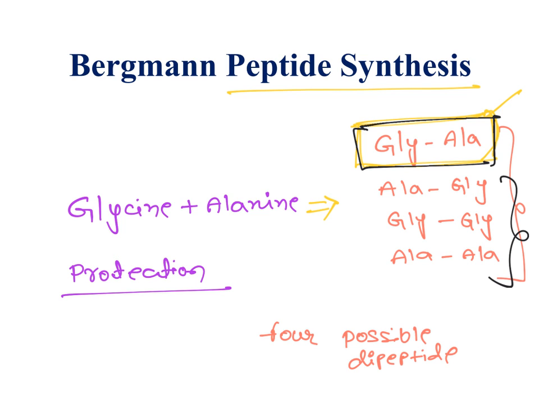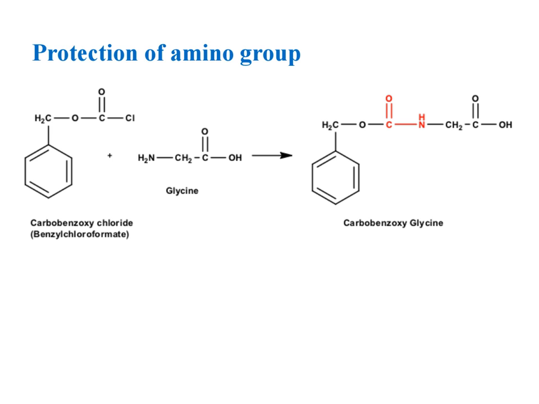For this process, I am taking first the glycine amino acid, which should have a free NH2. Now I am protecting the NH2 group first. After that I am going for the amide bond formation. After completion of the reaction, I want to cleave that protecting group. The first step involves protection of the amino group.